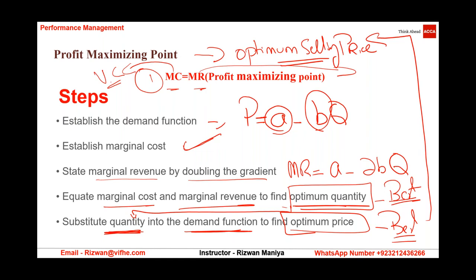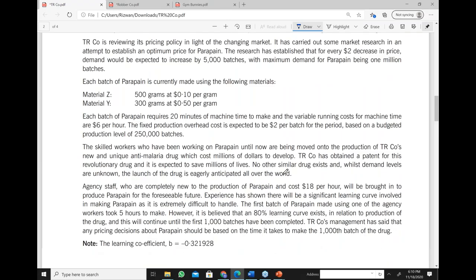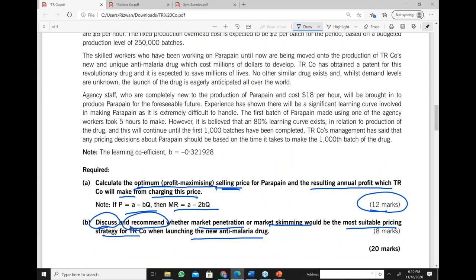So these are the steps. How was it clear that you have to use this method? By reading the question, which gave you a very clear hint: optimum profit maximizing selling price.